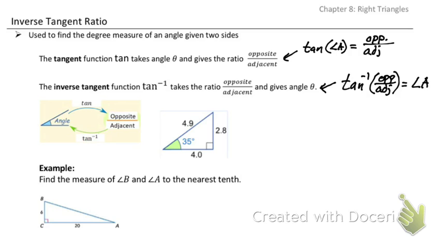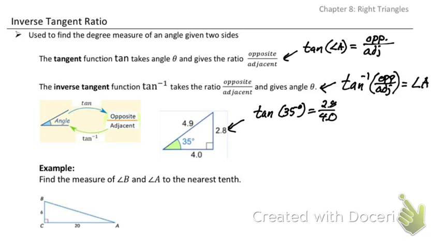All right, a real quick example. See this 4.9, 2.8, and 4 triangle? It's got a 35-degree angle. So based upon the other side, we could say something like tangent of 35 degrees equals opposite 2.8 divided by 4.0. Everyone do me a favor real quick.